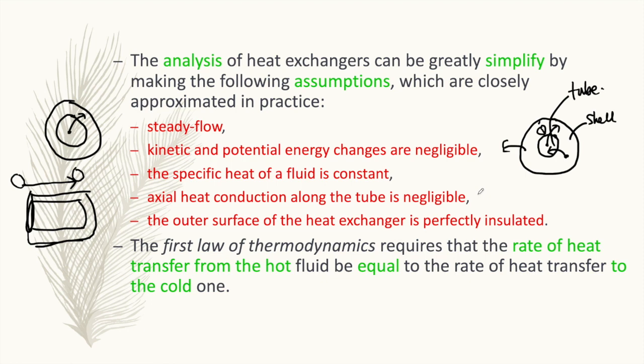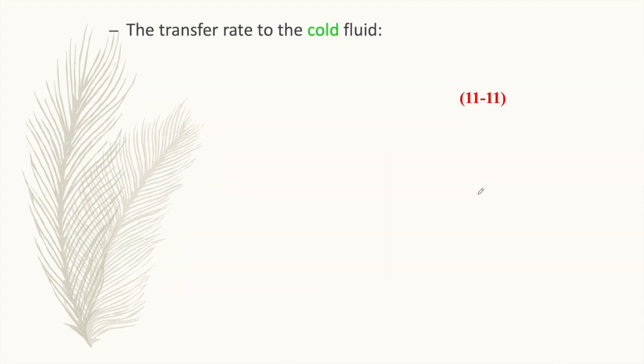It will not be released to the ambience or to any other parts of the instrument. The rate of heat transfer from the hot fluid will be totally transferred to the cold fluid.